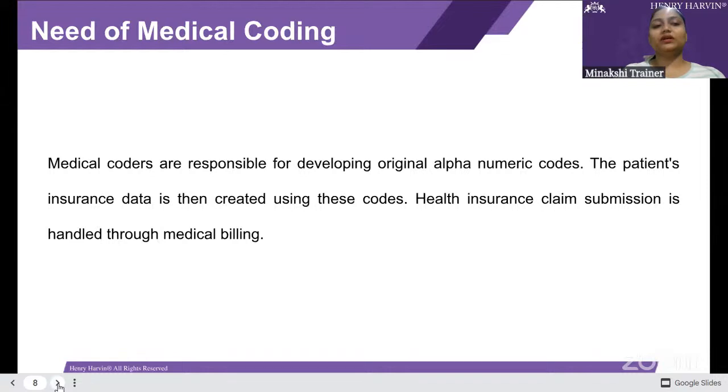Next, we'll talk about why we need coding. The patient insurance data will be created by using these codes. Why can't the data be submitted as it is? That will be your first question. The answer is that the data is not just one or two pages.